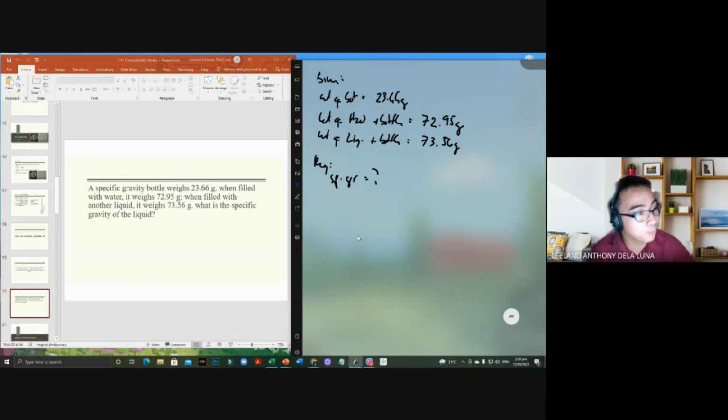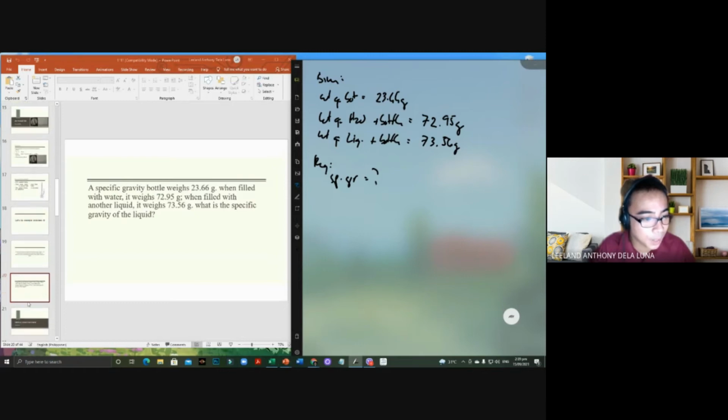Wala naman akong volume dyan, sir. Puro weight lang ang meron ako. Okay? Now, just so you know, class, there is another way kasi wherein we can compute for specific gravity using displaced weights. Okay? Yung difference lang sa mga weights nila. Right? And that is usually, class, used with the use of a displacement method. Pero sige, pakita ko muna kung paano ito i-compute.